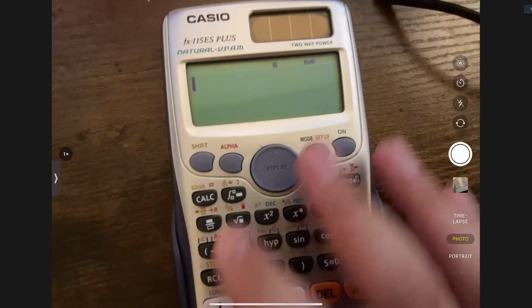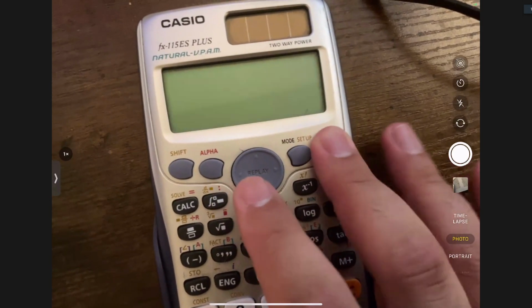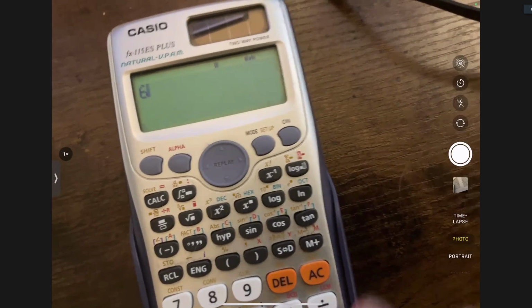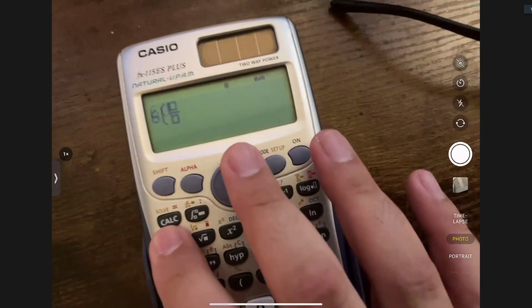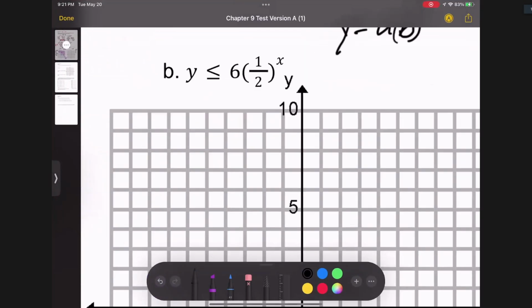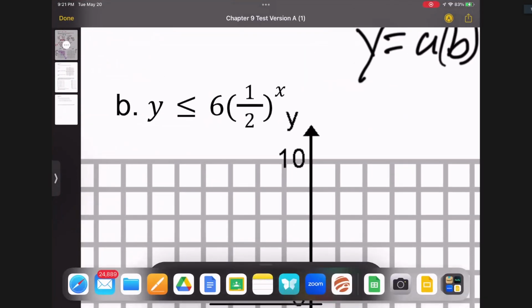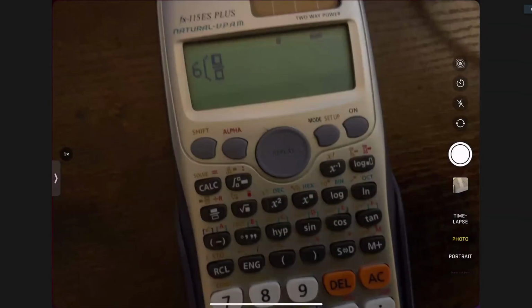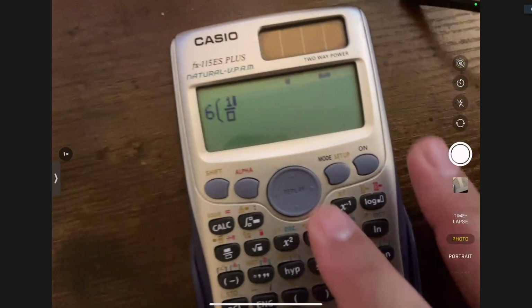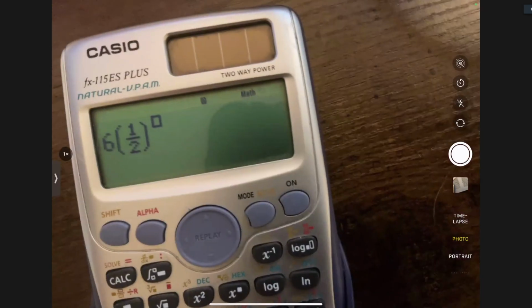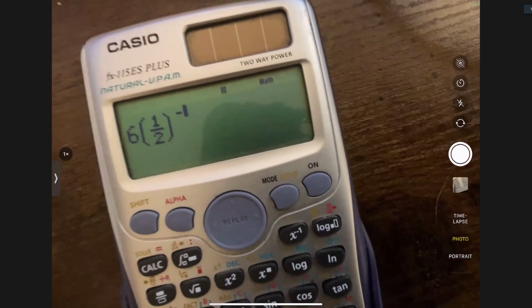Now, what you're going to be doing is plugging in that equation. You're going to have 6 times 1/2 to the power of -2.